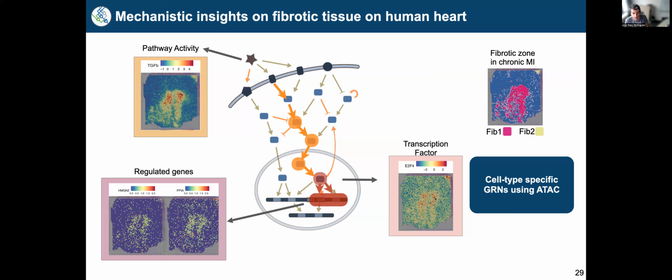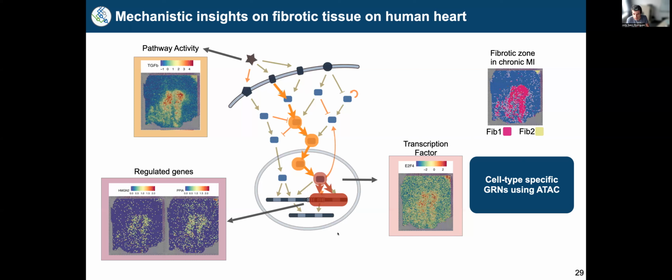The reason being that the resources I mentioned before are very helpful, but they are largely not cell type specific. But using the ATAC information, you can get cell type specific knowledge about how the chromatin is open, and therefore you can use this to better refine your gene regulatory network.